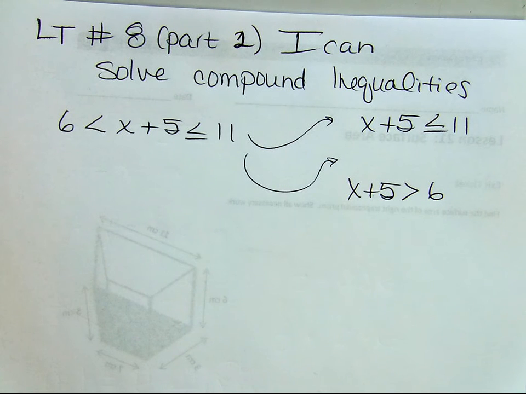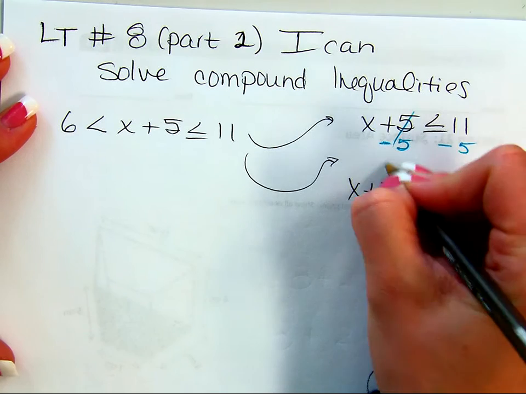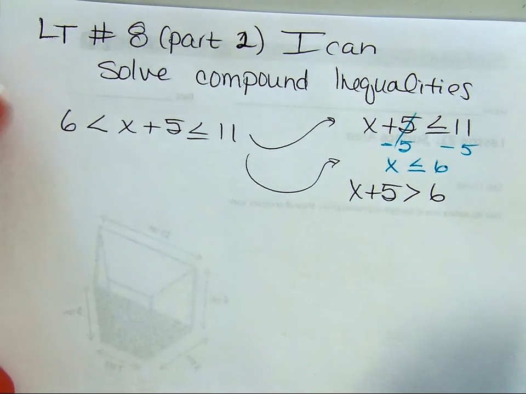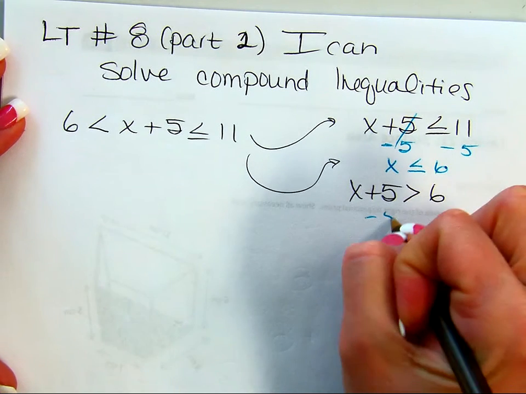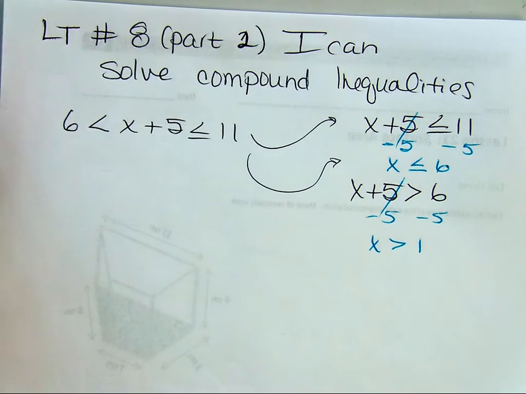And then you have two separate inequalities, which you then could solve separately. Subtract 5, we've done this. So one of your inequalities is x is less than or equal to 6. And subtract 5 again. And the other one is x is greater than 1, right?